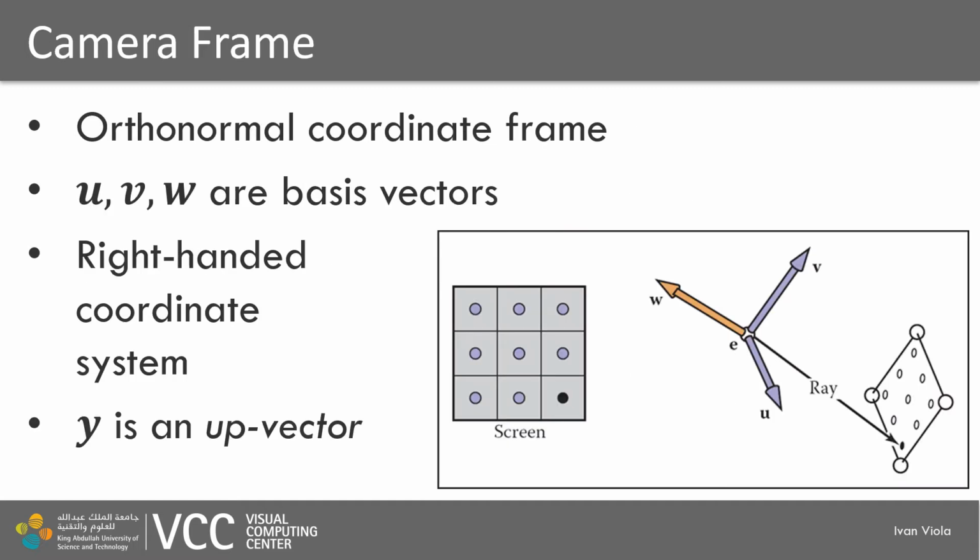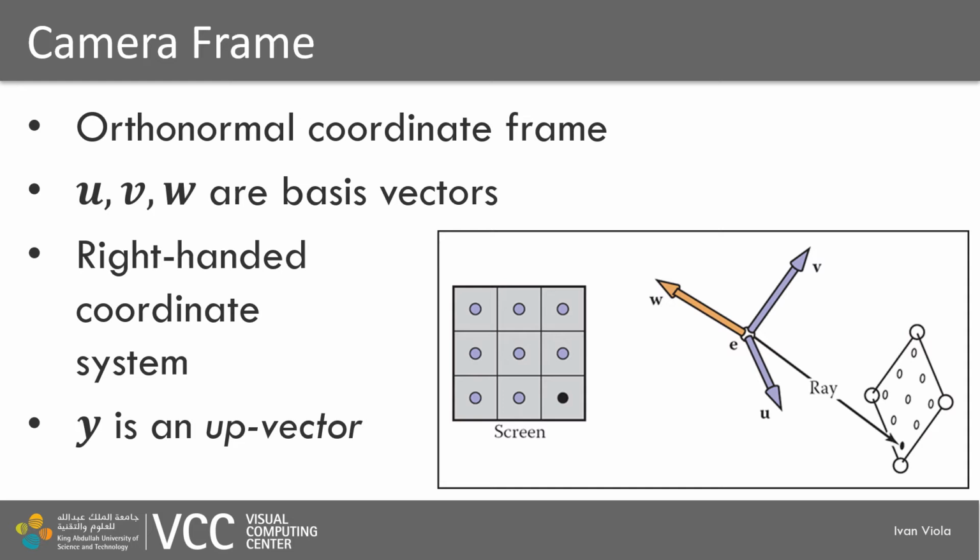So how can we define this ray? We have as an input the eye point, so we know that. And in order to define the ray, what we need more are the samples on the viewing plane. So how can we get these samples?